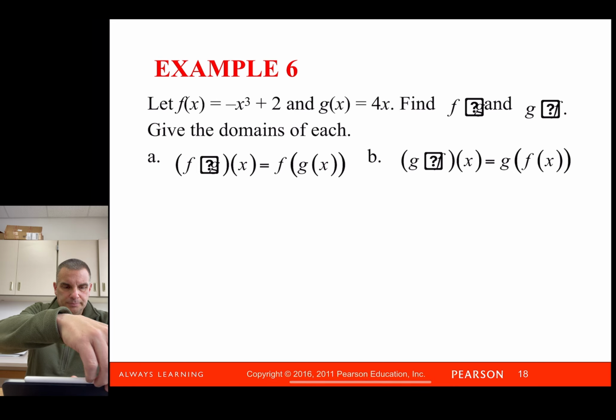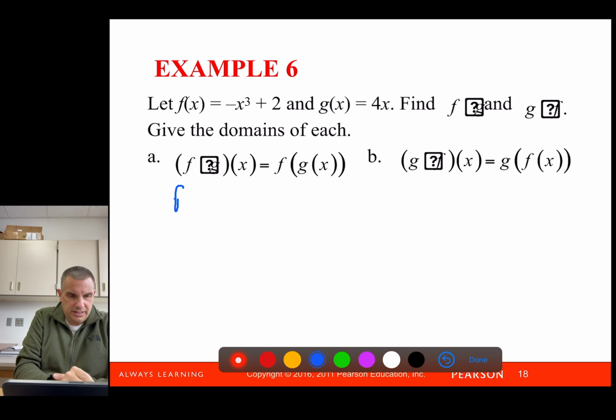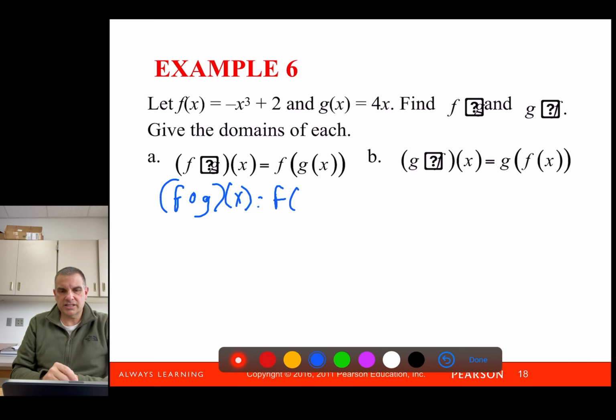Let's look at a couple more. So given f of x and g of x, we're asked to find and give the domains for each. So we're going to find f of g of x. So my g of x is 4x.